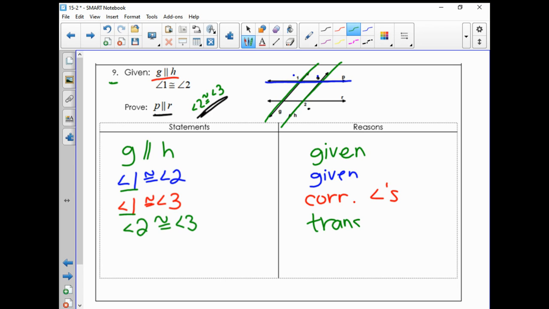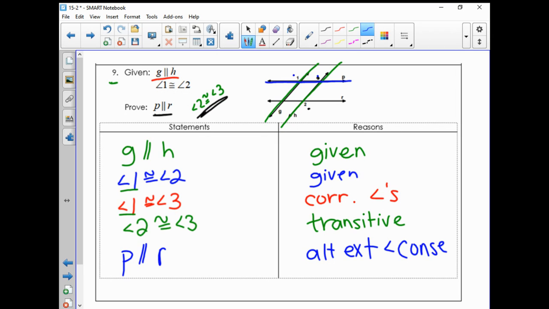The transitive property allows us to do that. And then our last statement, we're able to just jump right to P is parallel to R. And that reason is the alternate exterior angle converse. Sorry guys, we're going to spell this right.